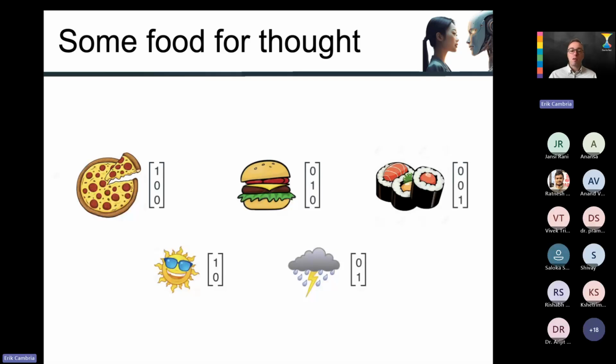In this case, if I have only 2 possibilities, sunny and rainy, I will have a 2-dimensional vector. 1, 0 is the sun, 0, 1 is the opposite, the rain. If I have 3 foods, then I have a 3-dimensional vector: 1, 0, 0; 0, 1, 0; and 0, 0, 1. Later on, I'm going to be working with these numbers once again, because neural networks work with numbers.